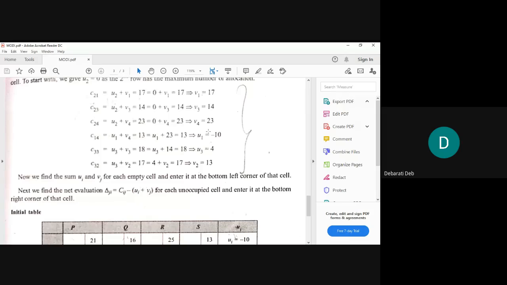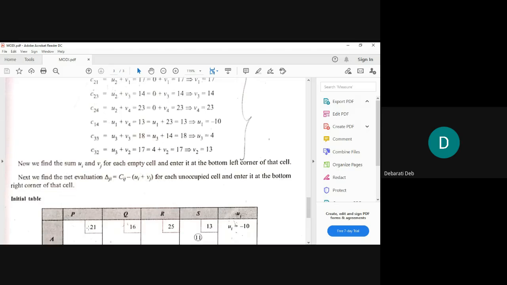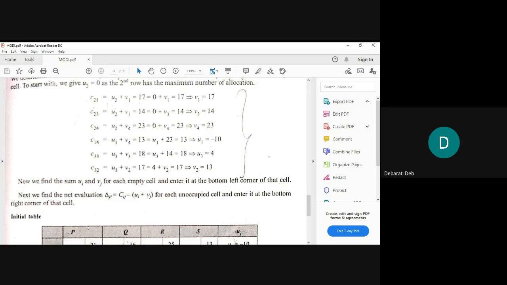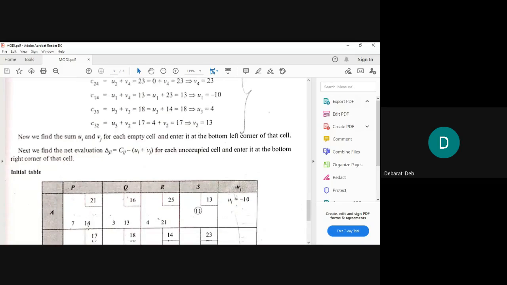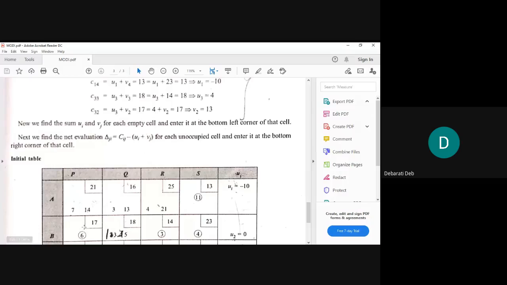So we have to add these two. U1 plus V1: minus 10 plus 17 will give you 7. So we will write this 7 at the bottom left corner of this cell.